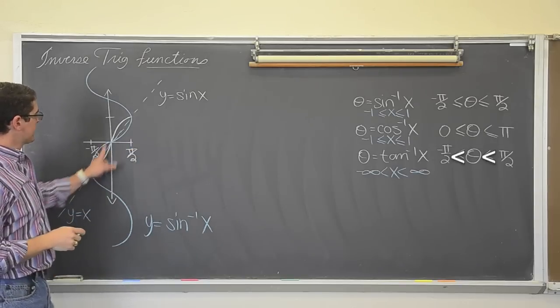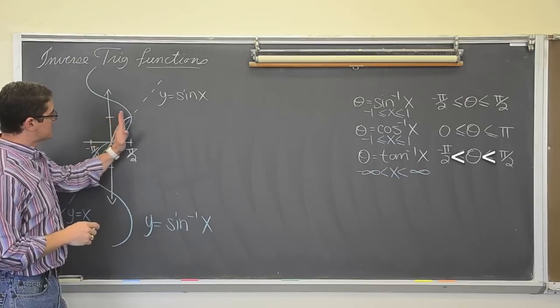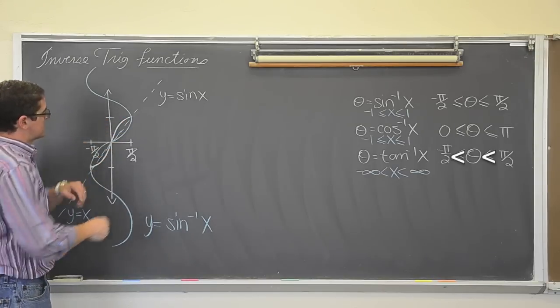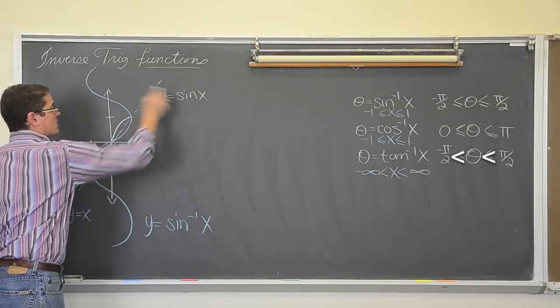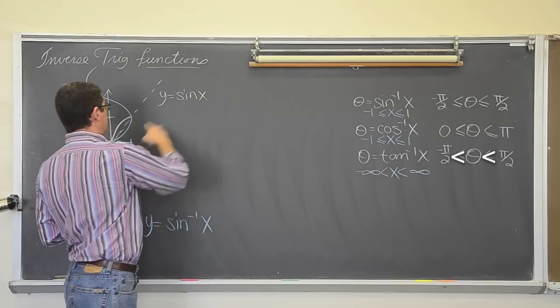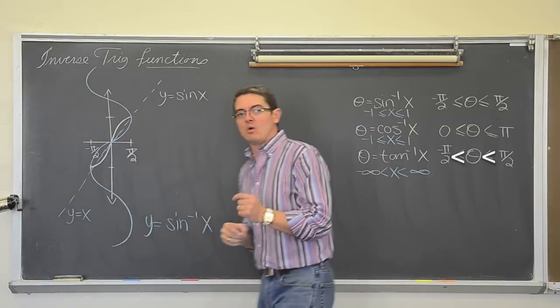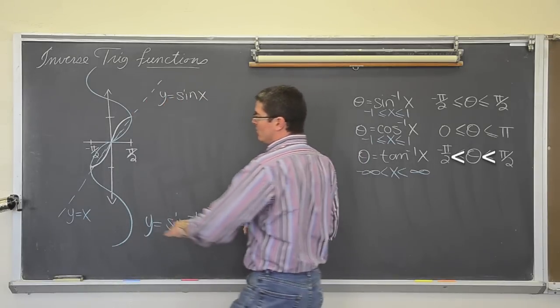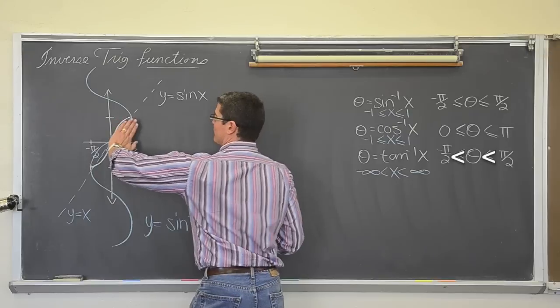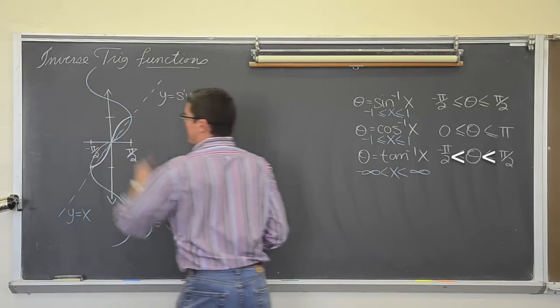And now this little white line would pass the vertical test and the horizontal test. So this sine function restricted between negative pi over 2 and positive pi over 2 is now acting as a 1-to-1 function. And so now let's take this little white line and reflect it around the line y equals x.